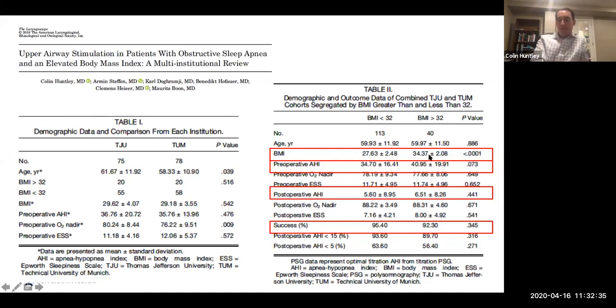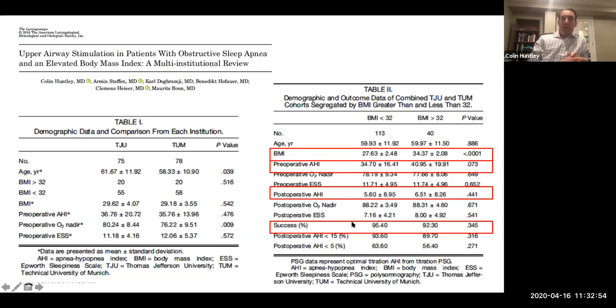We did see significant difference in BMI, significant difference, or closing on significant difference, in that pre-op AHI, with the higher BMI being more severe, but post-operatively, not a significant difference in the outcomes or the success rate.